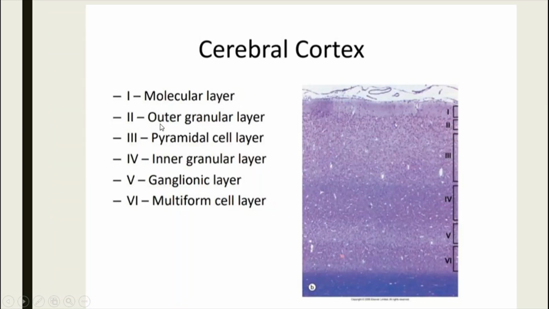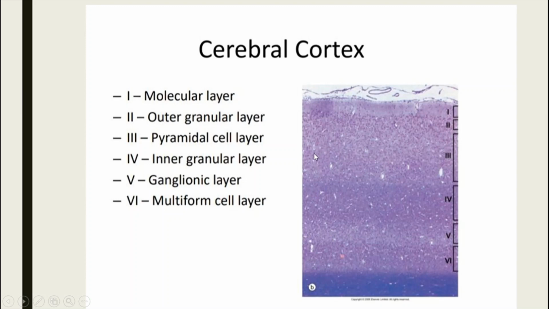The cerebral cortex also shows different layers. The molecular layer is the outermost layer. Then the next layer is the outer granular layer. The next layer is the pyramidal cell layer.